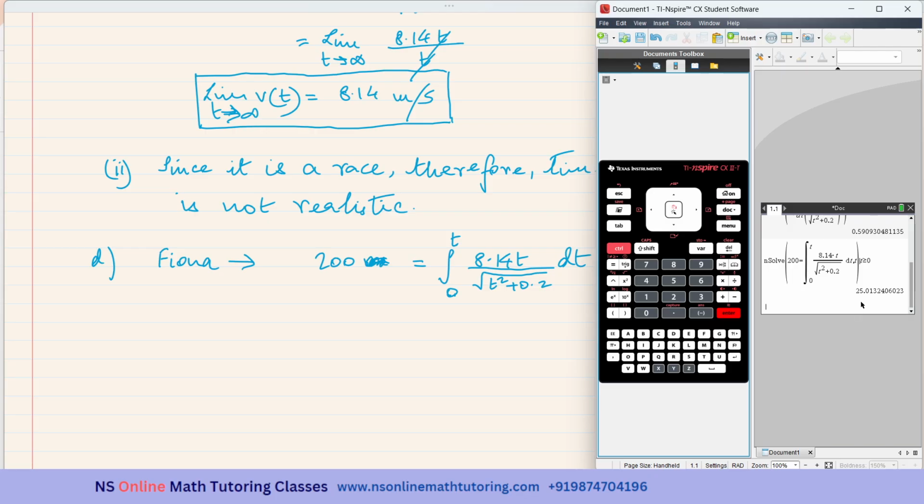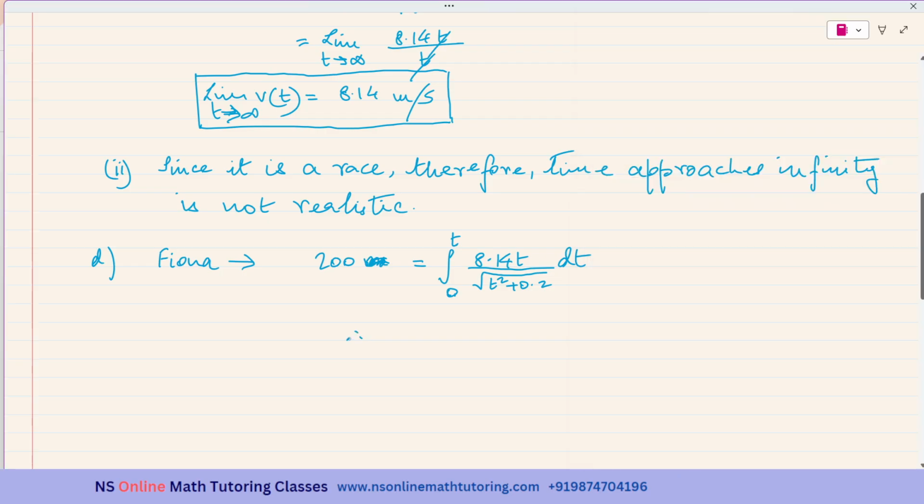Okay, fine. So we have got the value as approximately, because this is not the final answer, I'll not be taking only 3 significant figures. So I'm taking 25.01324, okay.